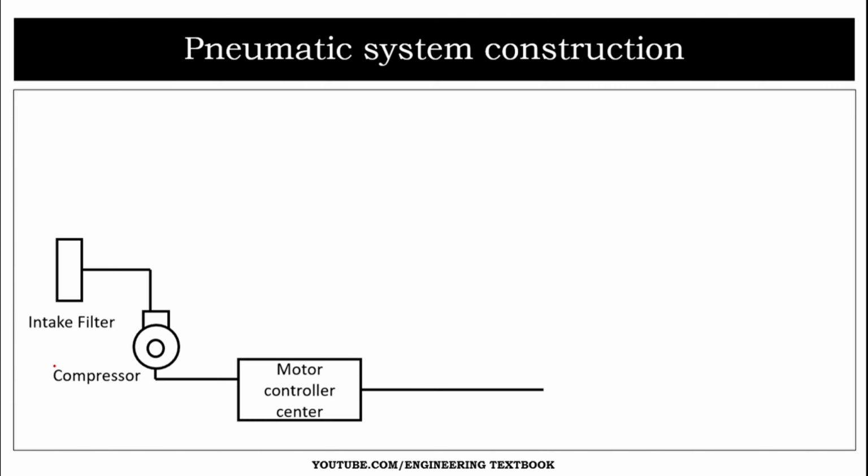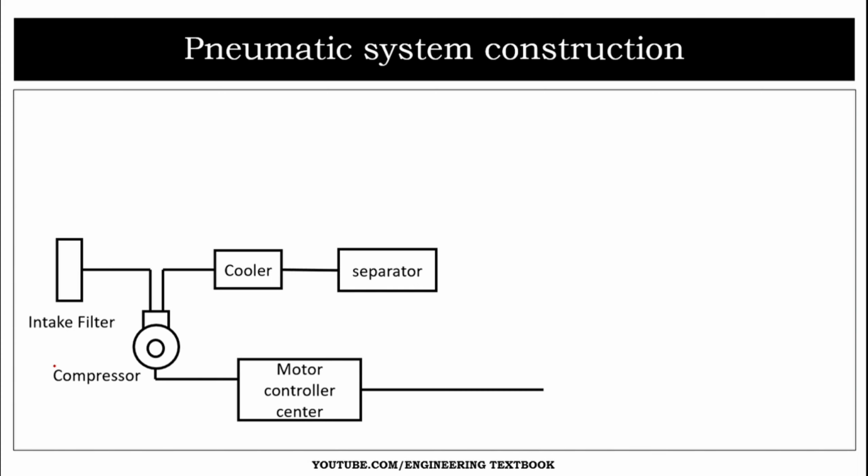Motor controller center. The motor in this system is used to supply mechanical energy to the compressor, because the motor's function is to change the energy from electrical to mechanical. Cooler. The cooler is used to decrease the temperature of compressed air.